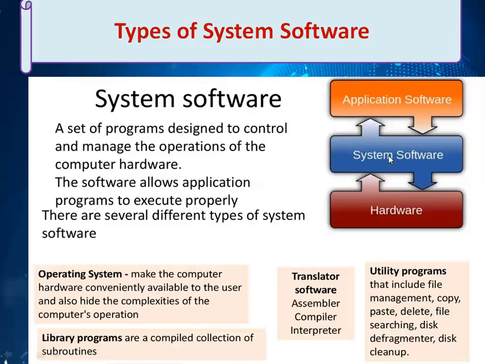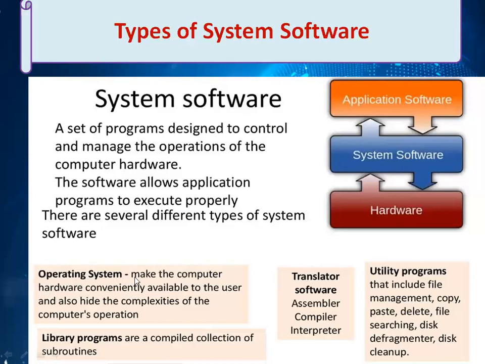But if you did not have any system software, like an operating system, you cannot install any application software. So first of all, you have to install a system software, any type you can use, and after that you can install the application software easily. So system software allows application programs to execute properly. We have different types of system software.